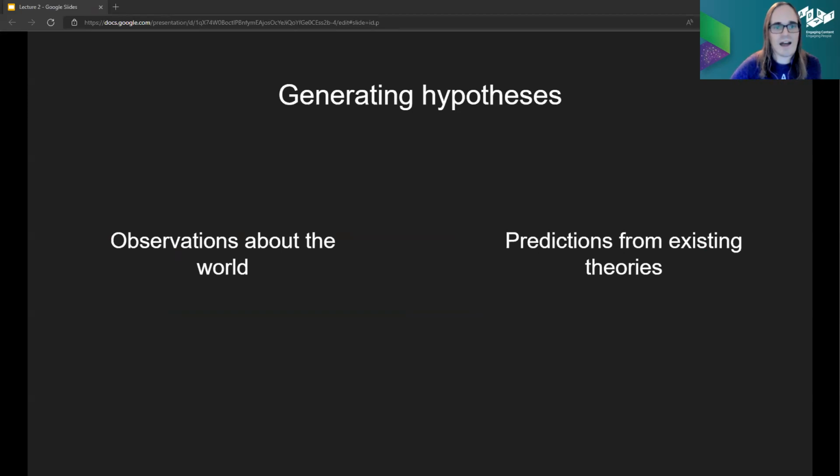Hypotheses can be formed in either of 2 ways. As the circle diagram implies, one route for generating a hypothesis is just making observations about the world that cause you to ask questions about what you're observing. One example that I like to use, because my research is in this area, but also because it's pretty true to life, is the phenomenon of texting while driving.